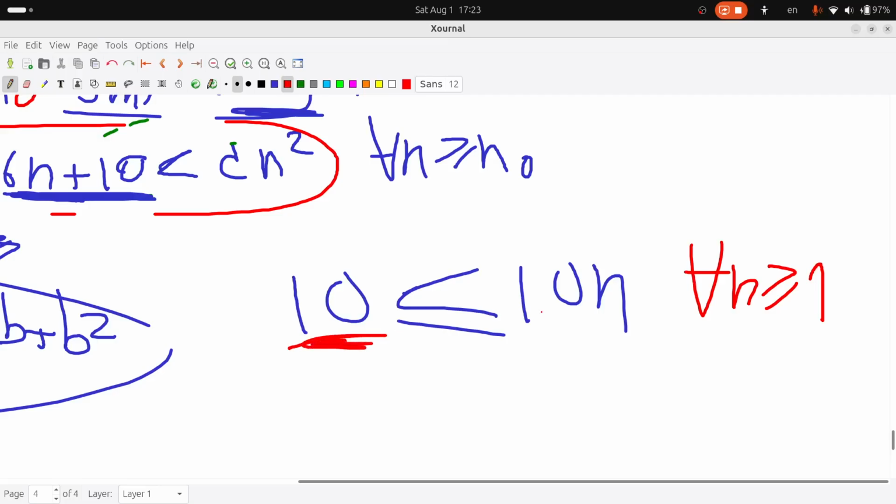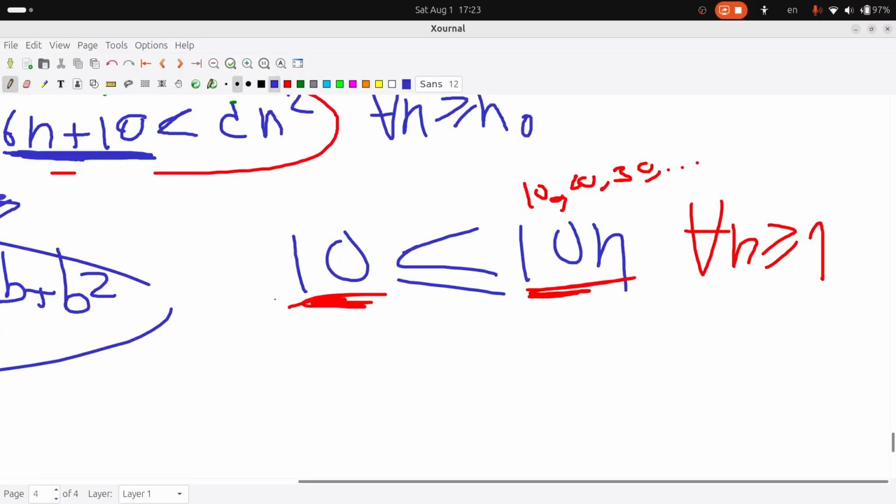This one is constant, but this one will be an increasing function, for n a positive integer greater than or equal to 1. This one will be 10, 20, 30. It will always be true. So after that, we write this one.